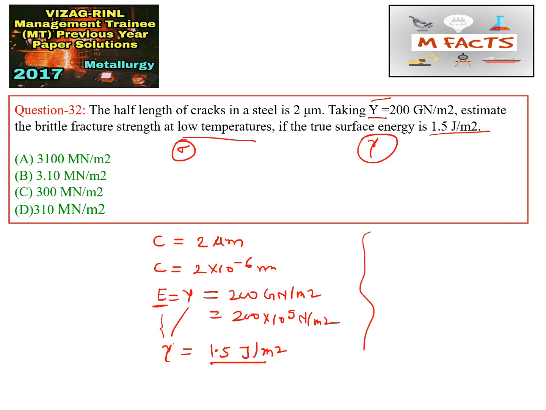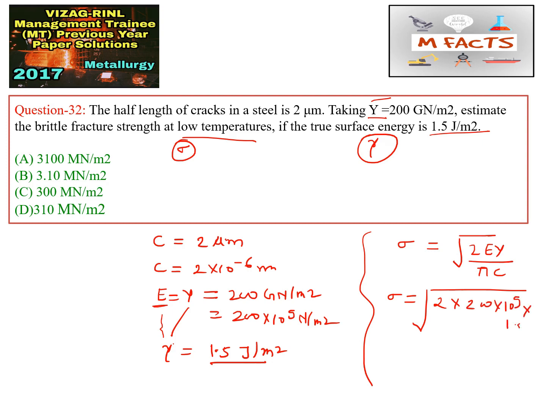What we know about the Griffith formula is that sigma is equal to the square root of 2E gamma by pi c. If we put every value in this formula: 2 multiplied by 200 into 10 to the power 9 multiplied by 1.5, divided by pi multiplied by 2 into 10 to the power minus 6.